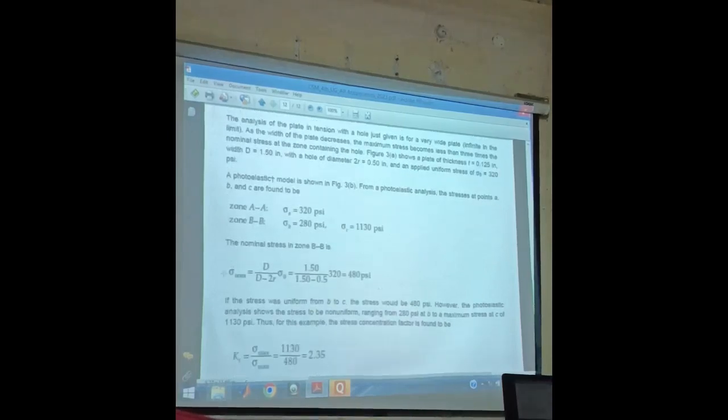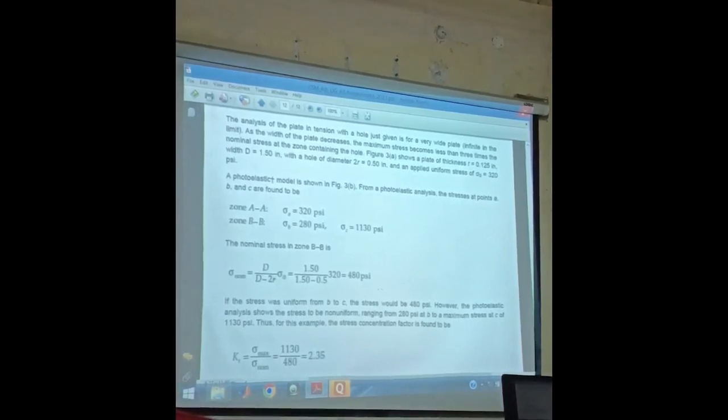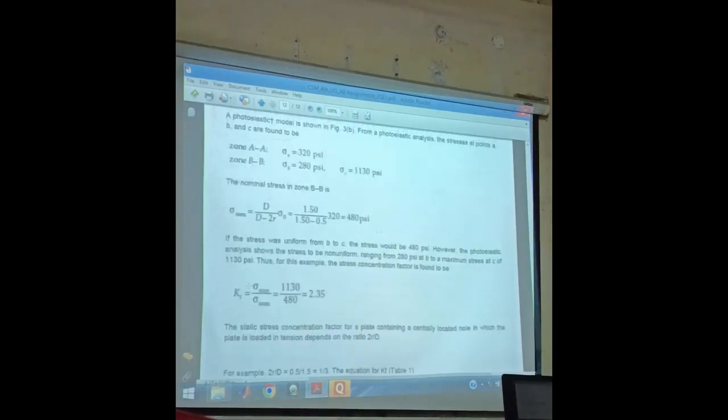Now how does this relationship vary? Say for example sigma nominal. Nominal means based on the current cross section. So D was the width minus twice R. Based on that ratio, you can calculate this nominal stress. Then Kt will be sigma max by sigma nominal. It is showing less than 3 because the nominal area was less.